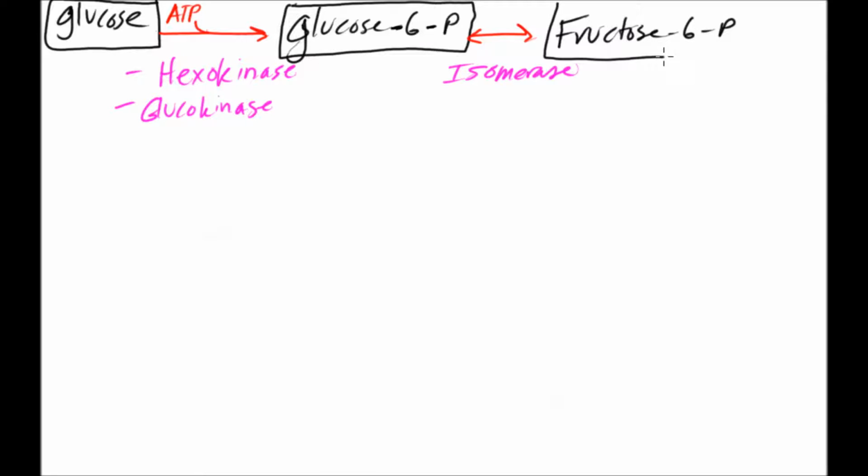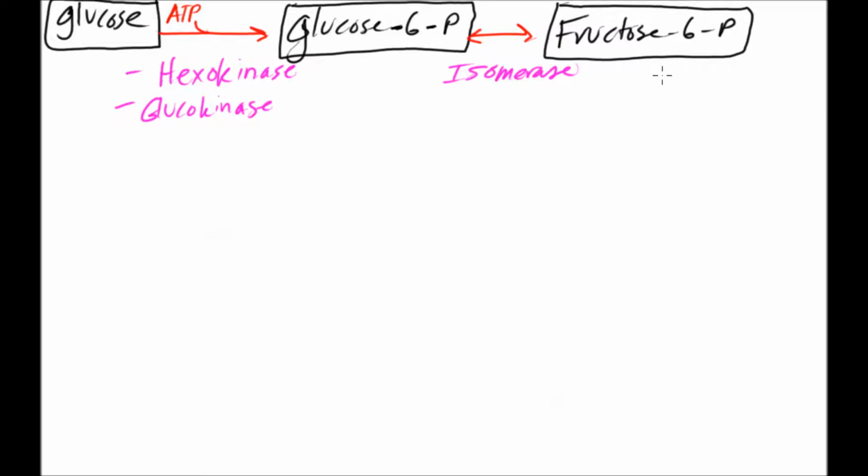Phosphate still at the 6th position, but now our glucose turned into a fructose. Minor change to our molecule here. And all of this change that we're going to do here is to hopefully modify this into getting out some ATP. Then also remember the end product is our pyruvate. So we'll take 1 molecule of glucose and get 2 pyruvates, and I'll talk about how that occurs.